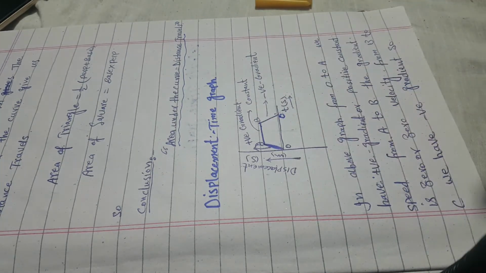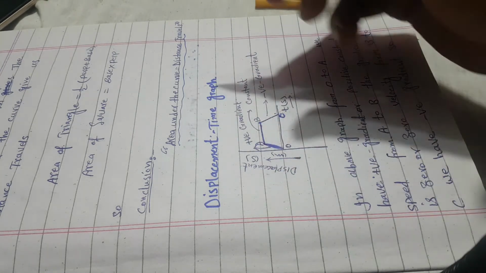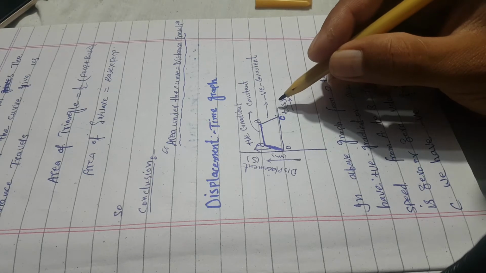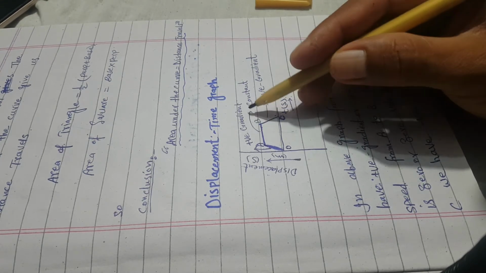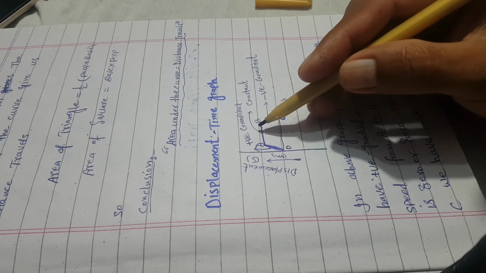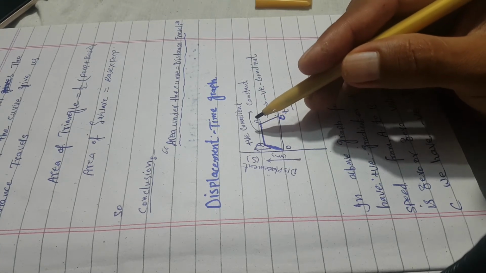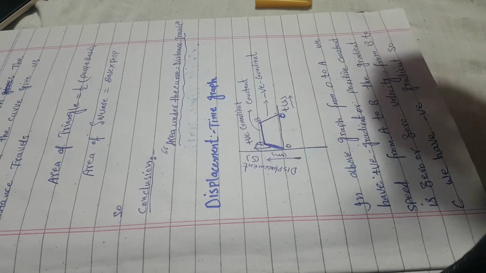So when we find the gradient of the distance time graph, we come to know about the velocity of the graph under consideration.